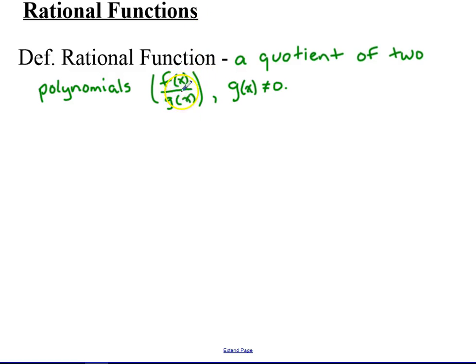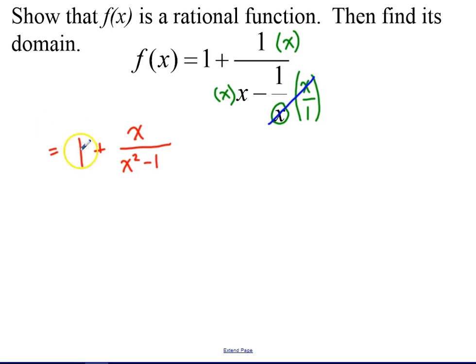We wanted to get it into this form where we have a polynomial over a polynomial. So we're going to combine these fractions. Hopefully you remember how to do that. We're going to turn this to a fraction over 1 and then multiply by some form of 1 to get a common denominator. From there it's going to be pretty easy for us. Why don't you finish it out? Play the recording when you're ready.